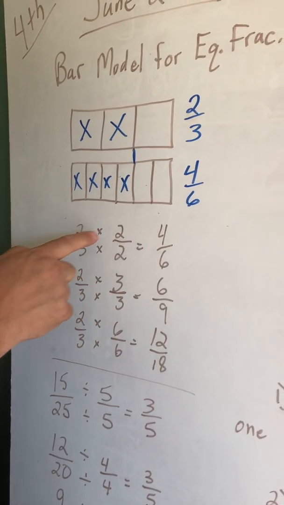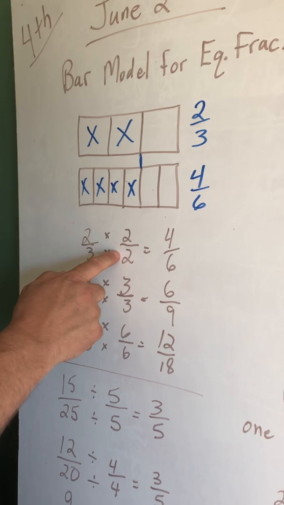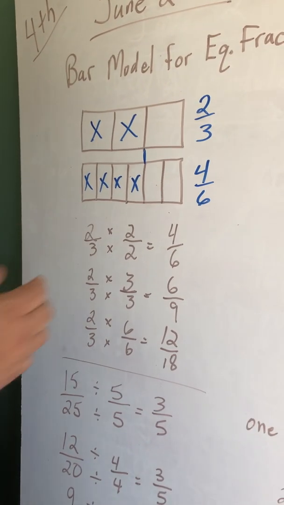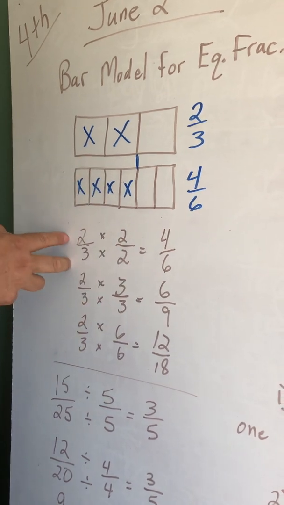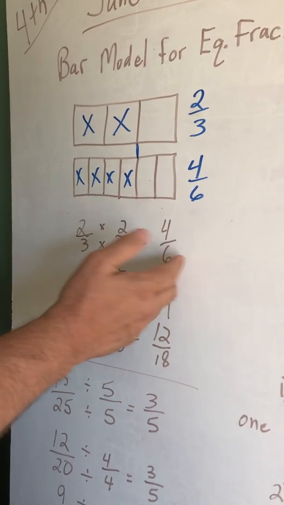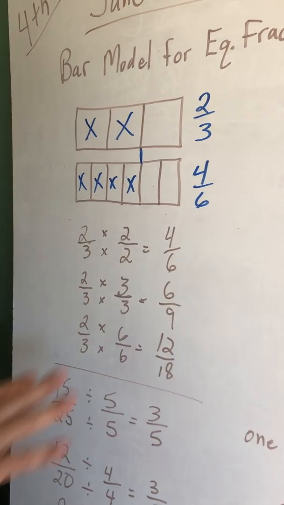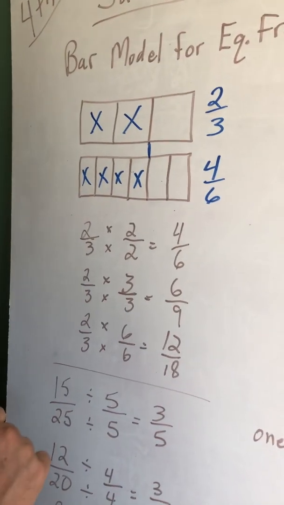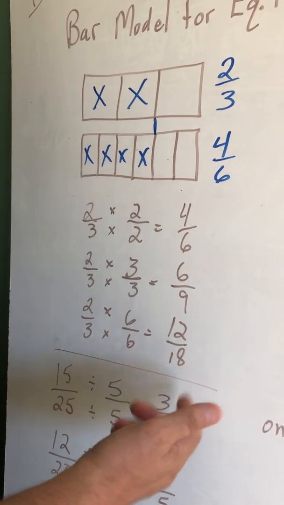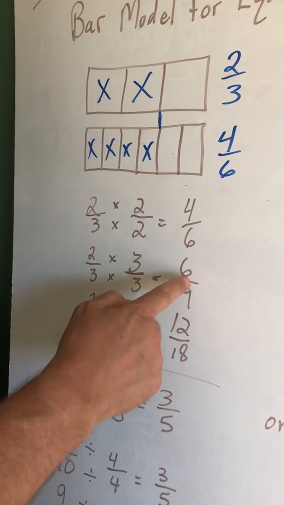You can't multiply this by 2 and this by 3 and get an equivalent fraction. Nope, that won't work. So notice I did 2 times 2 is 4, 3 times 2 is 6. You can also do that with 3/3: 2 times 3 is 6, 3 times 3 is 9. And yes, all of these fractions are equivalent.